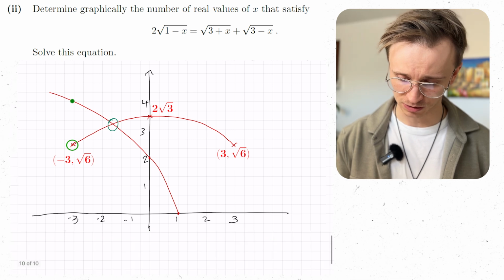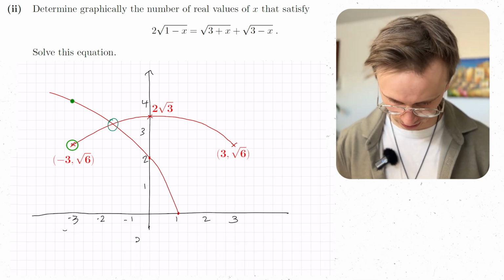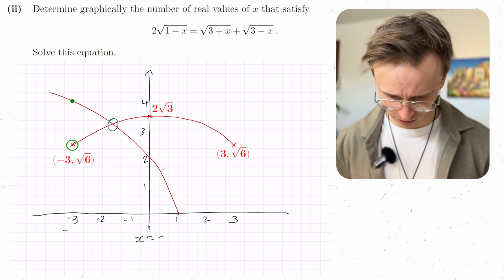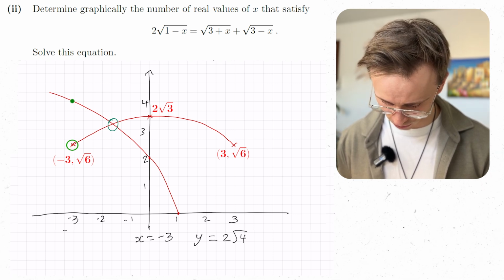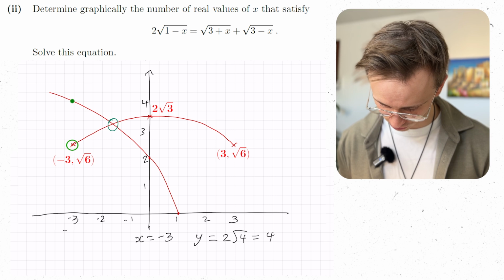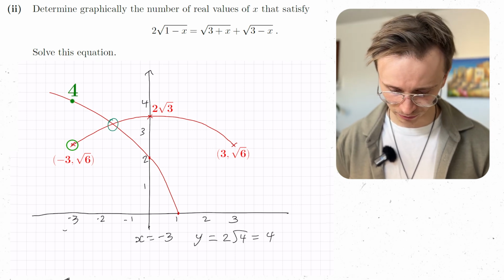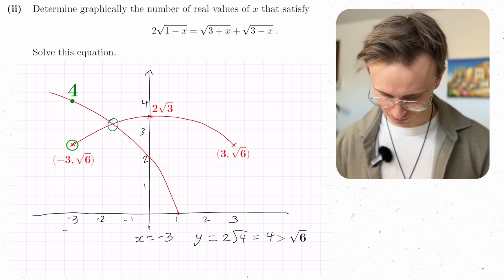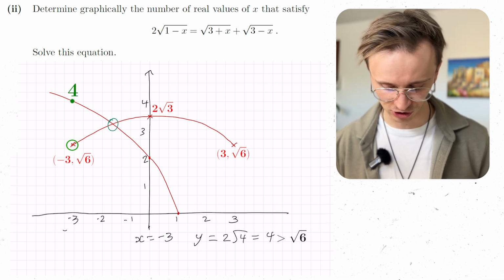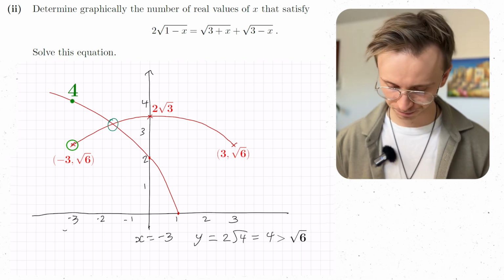So all I need to do is plug in at x equals minus 3, I have y equals 2 times the square root of 4 equals 4, and that is definitely above 2.5, so there is one crossing point. And that's somewhere in the region between minus 1 and minus 3.